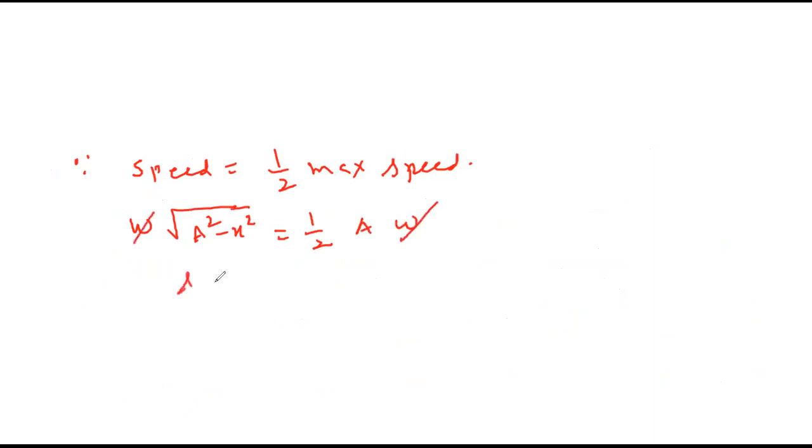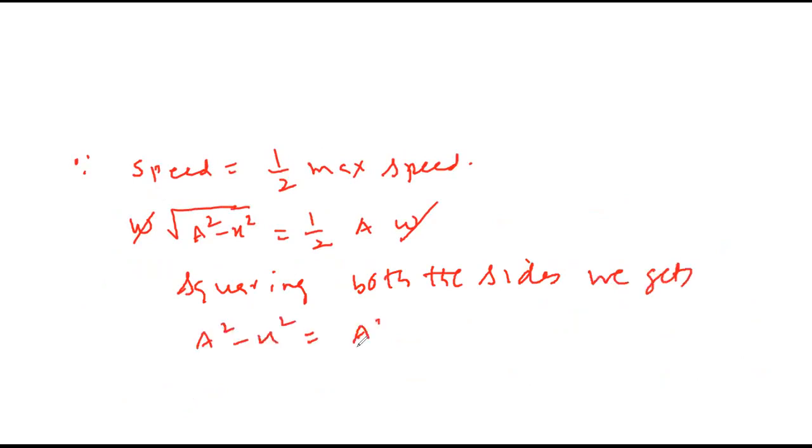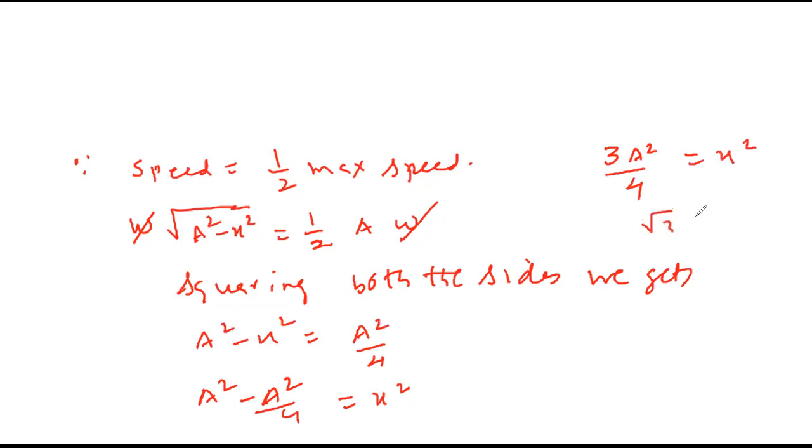So squaring both sides, we get A square minus x square equals A square by 4, since half squared is 1 by 4. So A square minus A square by 4 is x square. That means 3A square by 4 equals x square. Root 3 by 2 A equals x is the required displacement. So option A.